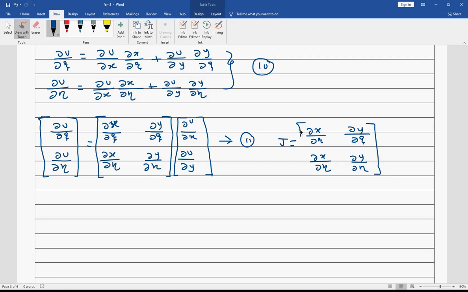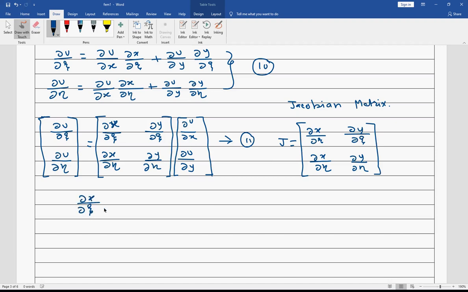So this is called the J matrix, and this is called the Jacobian matrix. So J stands for Jacobian matrix. So let's find out this.